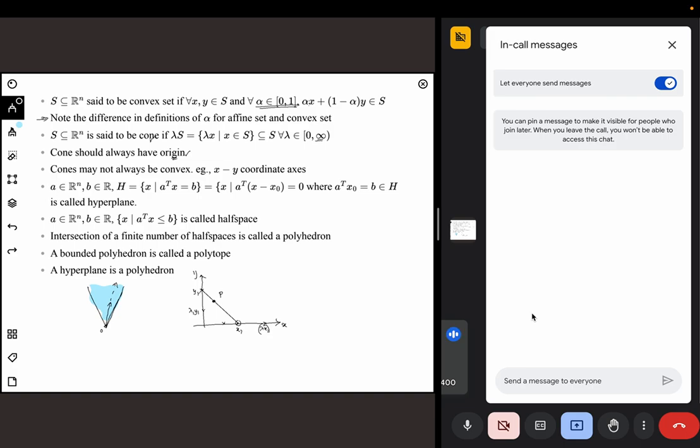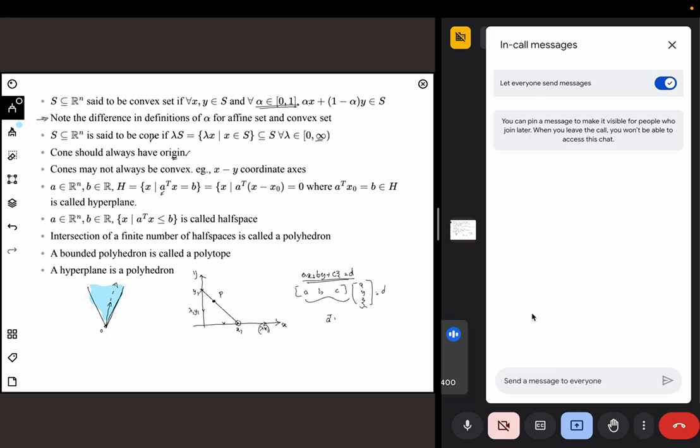The next one is the definition of a hyperplane. This is just like a normal plane. When you have a plane equation, say ax plus by plus cz equals d in 3D, this is the equation we use. All we are doing is writing it in n dimensions. If you write this in 4 dimensions or 5 dimensions, all we are doing is taking all these things together, and this entire thing I'm calling a transpose.